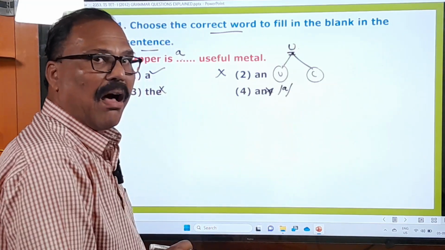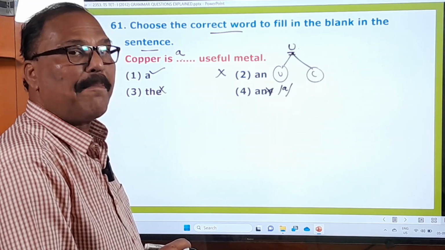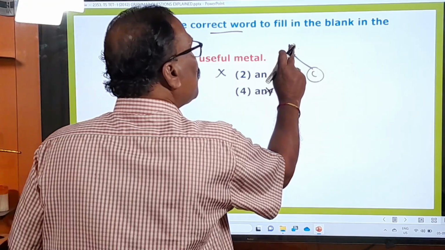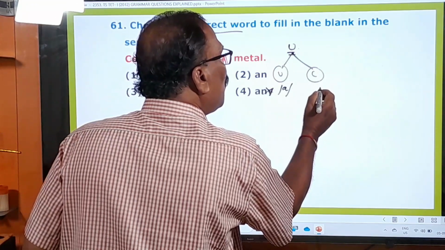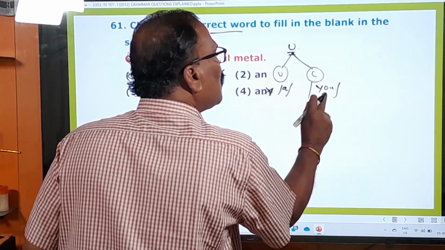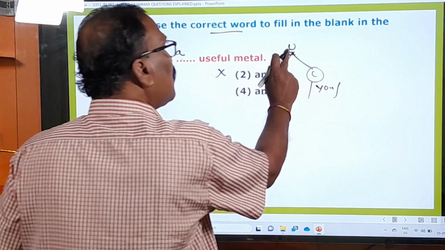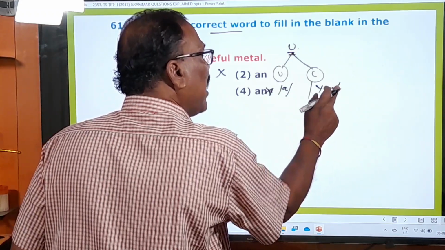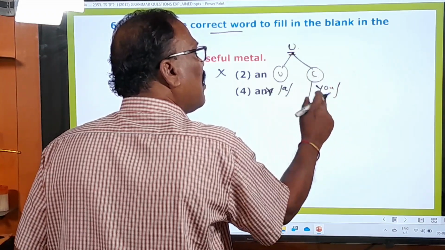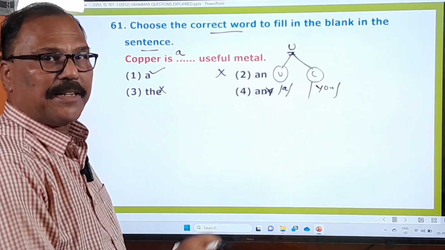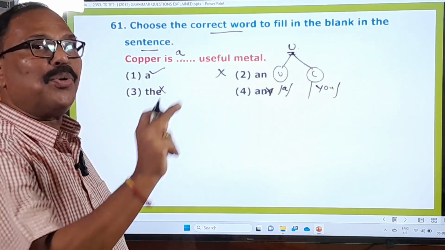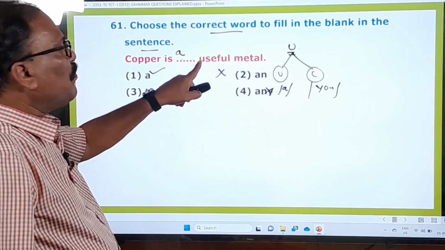See, umbrella, uncle, umpire. Whenever this U gives you the sound of U, just as you pronounce this letter, U, then you must think it is a consonantal sound. For example, university, uniform, unity, and useful.